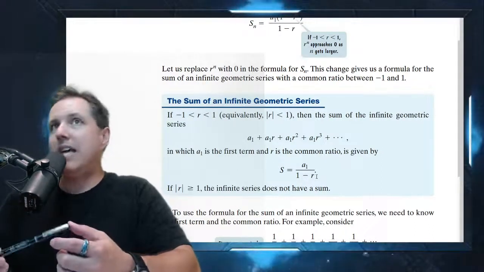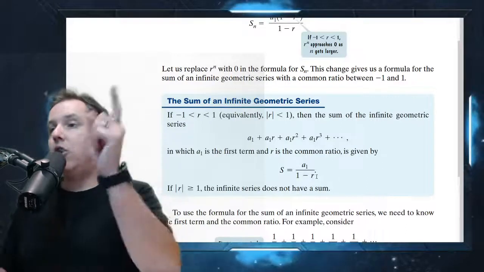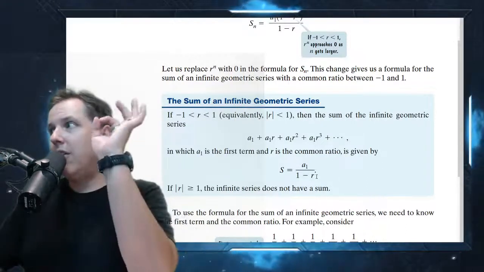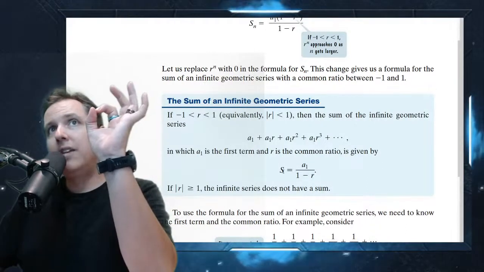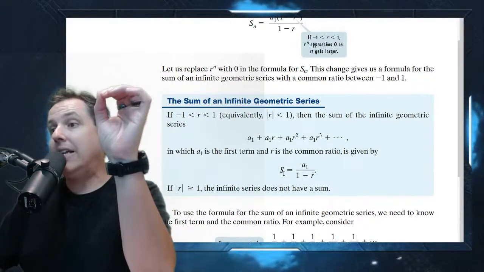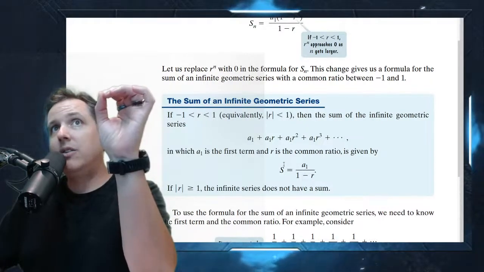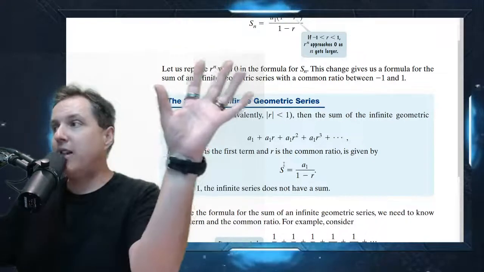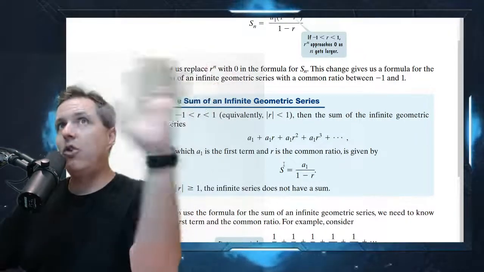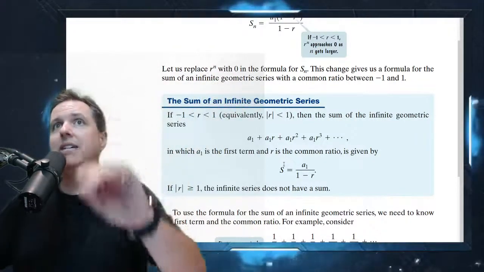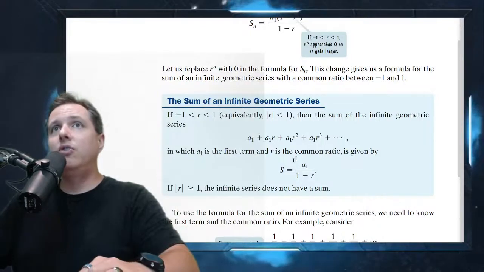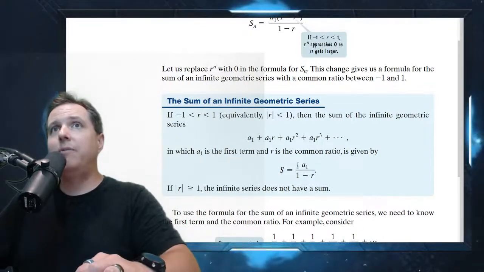Doesn't get much easier than that as far as formulas, right? Now notice the difference. When we talked about an arithmetic sequence, we had a subscript on our s to mean the finite sum. This s means the infinite sum, right? Of all the infinite numbers added together, you get the answer from this formula right here.